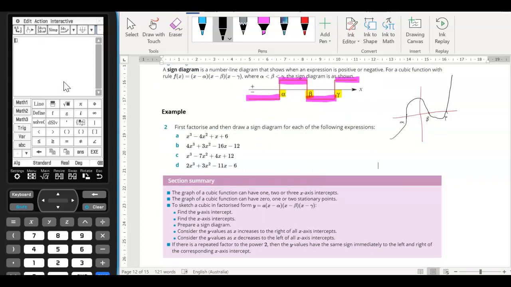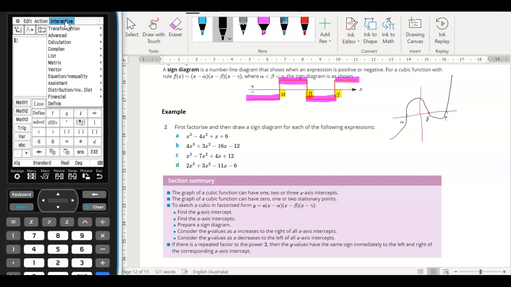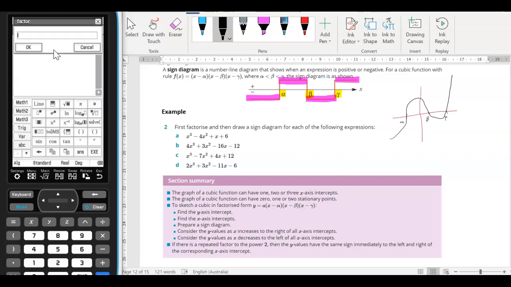I'm not going to factorize them by hand. I want to keep this video short. We've already done factorizing in a previous section, so I'm just going to use the calculator. To factorize, we can just go to interactive, transformation, factor, and then type in your expression.